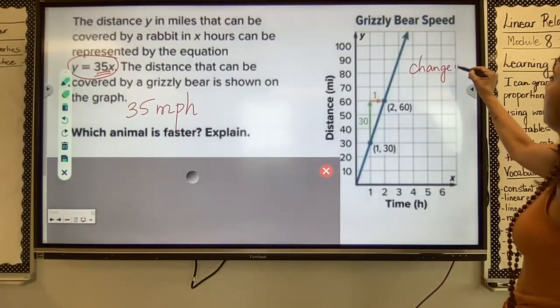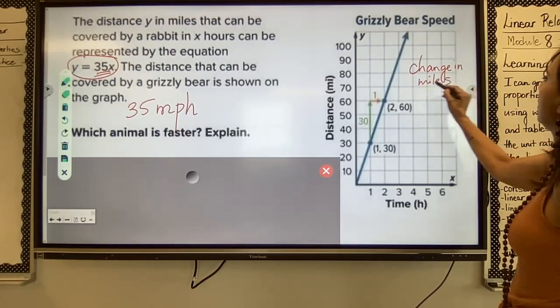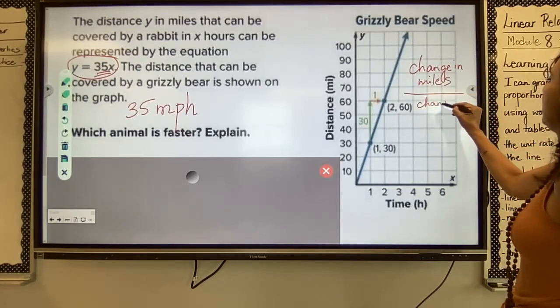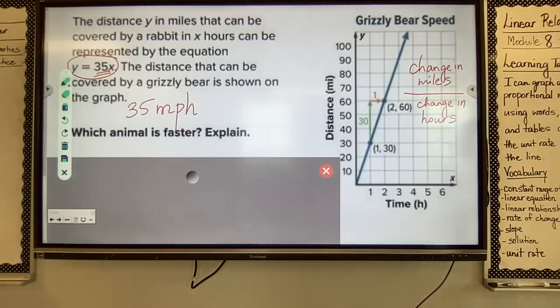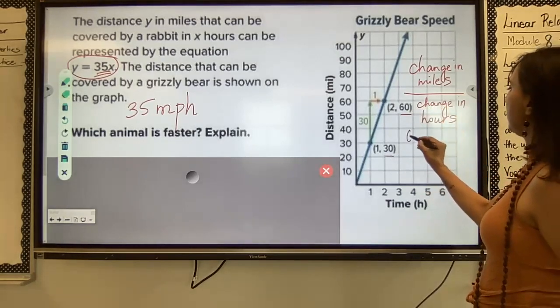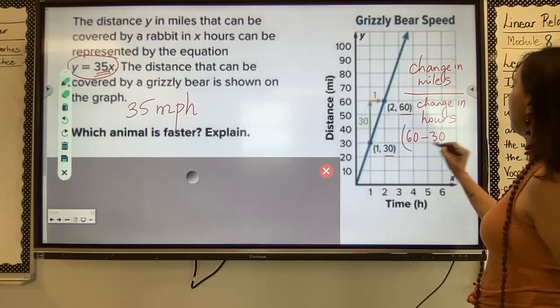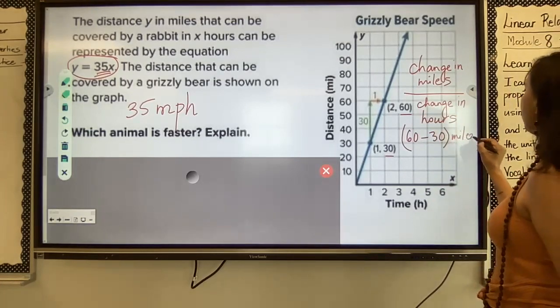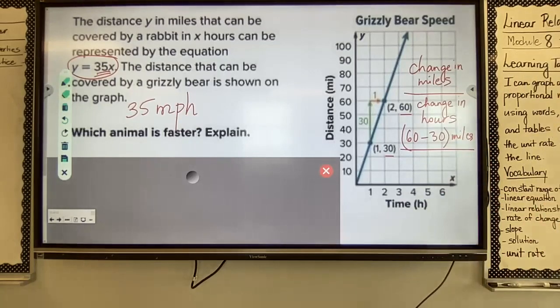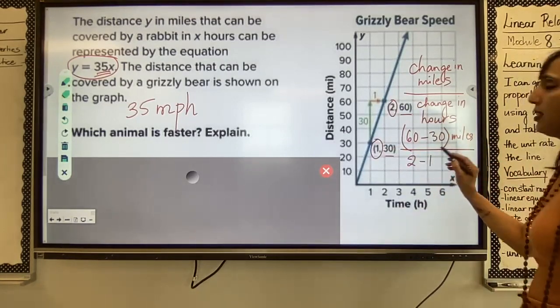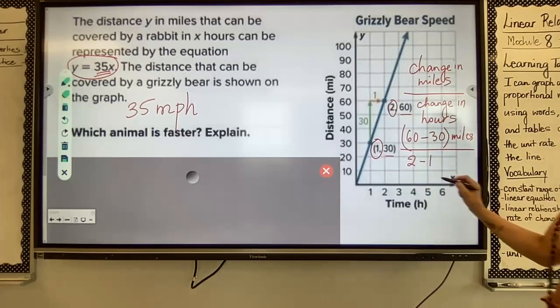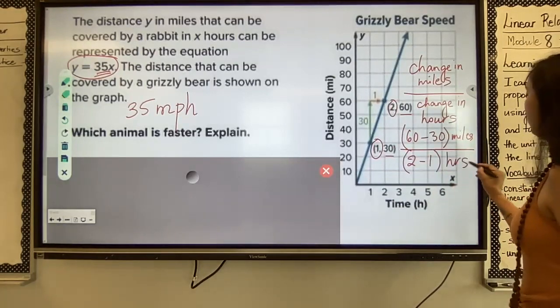If I look at the change in miles, I have 60 minus 30, and this is miles, over the change in hours, 2 minus 1, and this is hours.